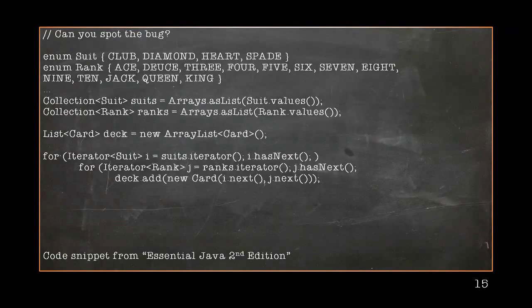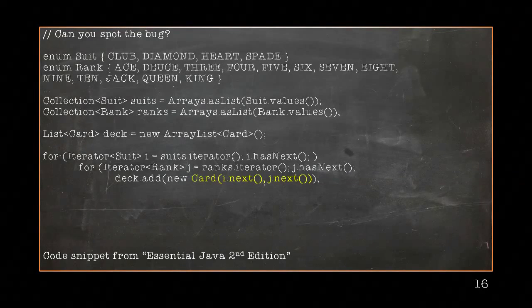However, there's an error, and it's actually a common error: we've gone i.next and j.next, which means we are incrementing the iterator every time we add. And it's a little hard to spot because we haven't reduced scope.